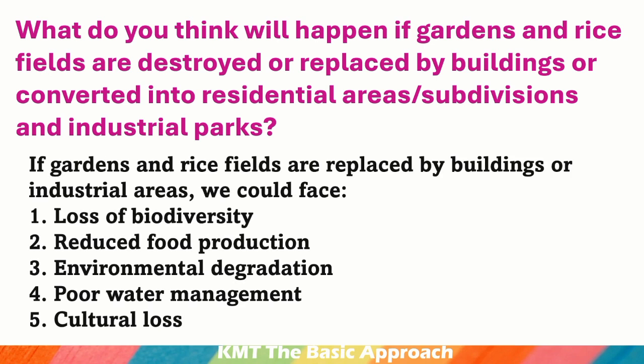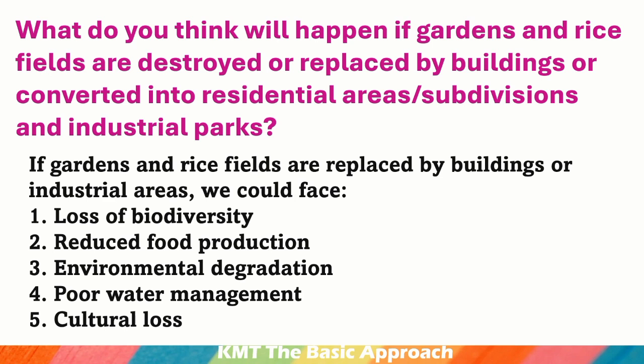Great! If gardens and rice fields are replaced by buildings or industrial areas, we could face number 1, loss of biodiversity. Number 2, reduced food production. Number 3, environmental degradation.